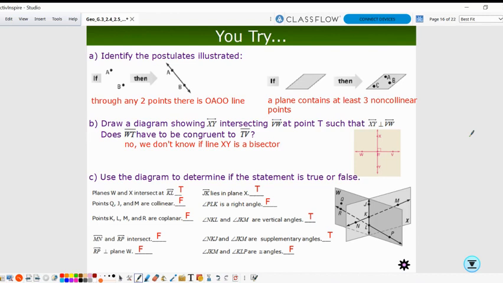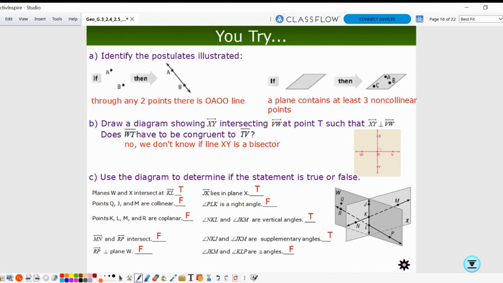So we have to have that perpendicular marker there. Does WT have to be congruent to TV? And the answer to that is no. We don't know if it's a bisector. I didn't give you any of that information, so we don't know really where the length is on that.